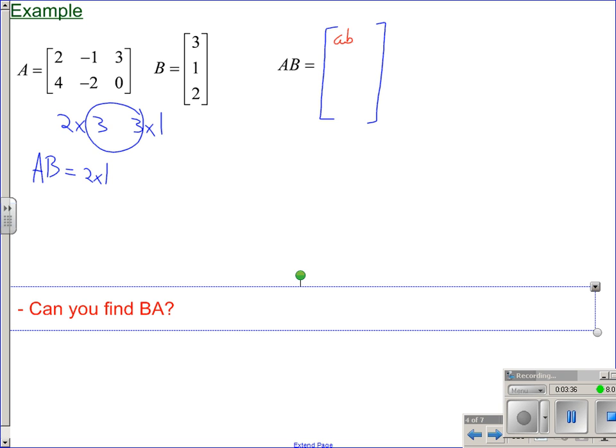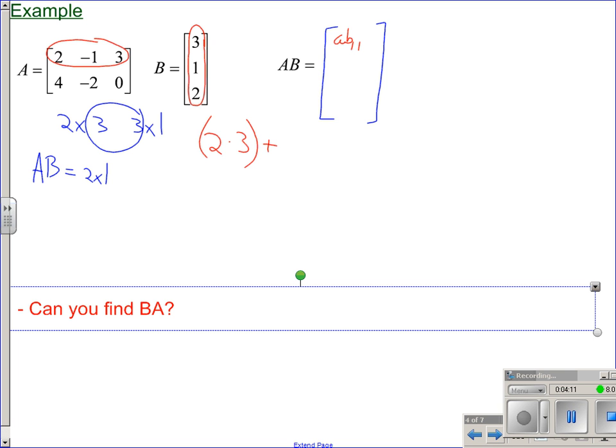To do the multiplication, what we are looking for is matrix AB. This entry is row 1, column 1. Remember the address notation. For that entry, we are going to take the entries in row 1 of A and multiply them by the entries in column 1 of matrix B. You're going to do all these multiplications, and then you're going to add them up. You go entry by entry. So we take the first entry in the row, 2, multiply it by the first entry in the column, 3.